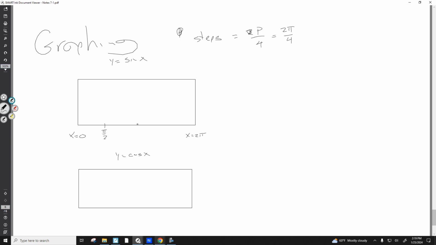Pi over 2, pi, 3 pi over 2. Woods, pay attention. We have our midline. Our midline for y equals sine and y equals cosine is y equals 0. We have our amplitude. Up 1, down 1 to get y equals 1 and y equals negative 1.